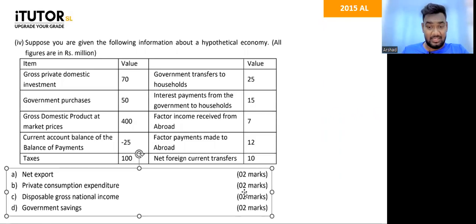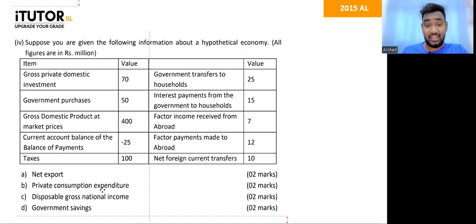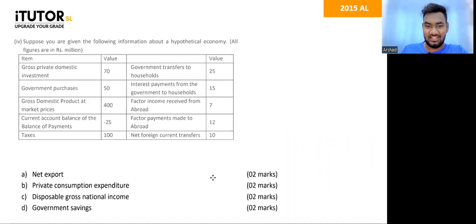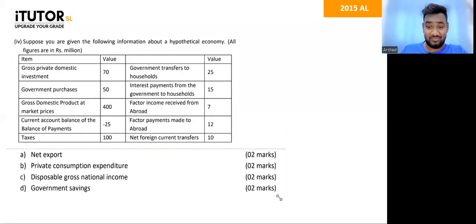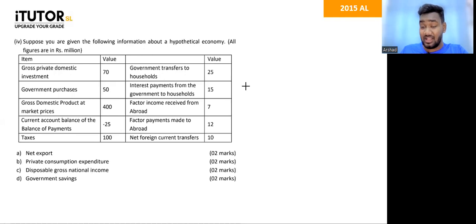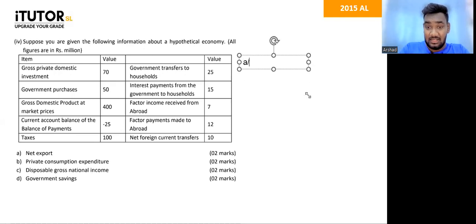So can you all help me with this, guys? How am I going to find net exports? It's not a hard calculation, but it's not very direct also. If you know the basics, you can easily get the answer. How can you get net exports? You can get net exports using the BOP current account balance, right? Remember the BOP we learn in unit number 10.